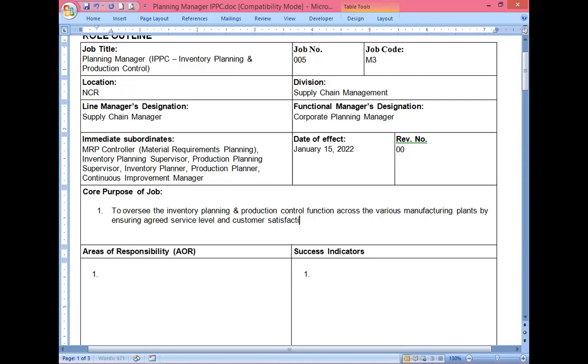If you are doing a job description for sales, let's say sales manager or sales supervisor, you always talk about customer satisfaction. That is the main goal and objective of the sales people, to make their customers happy and satisfied, even more satisfied.